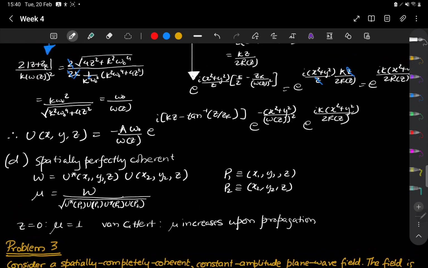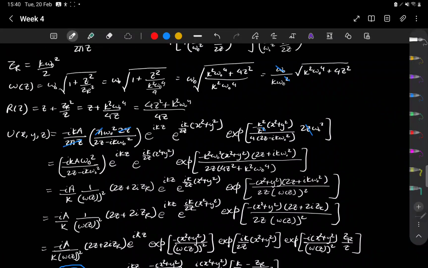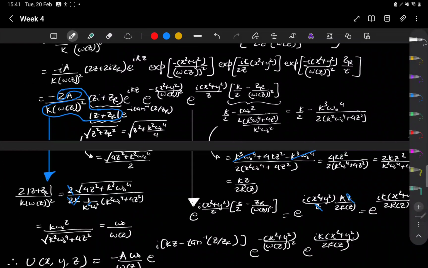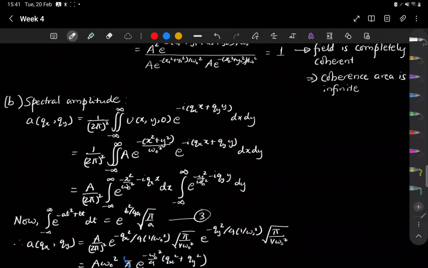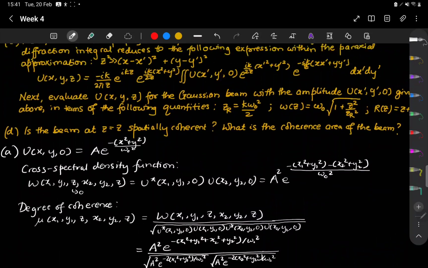So this brings us to the end of problem 2. There were a lot of algebraic manipulations involved over here. So take about a few minutes to grasp all of this before we proceed to problem 3.